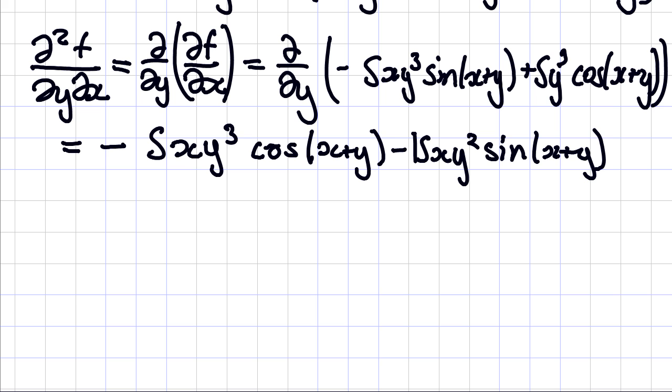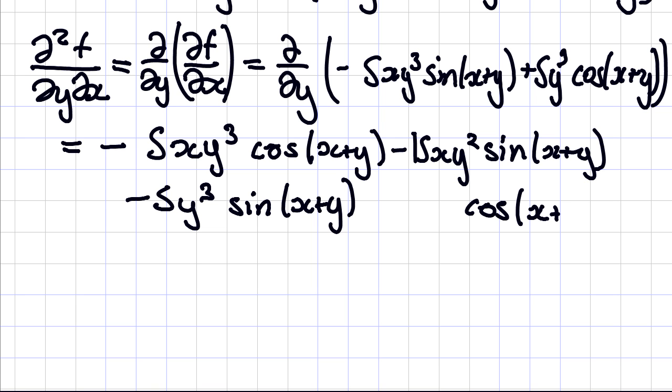Now I need to differentiate the second term with respect to y, and again I'm going to use a product rule. So first of all, u, that's 5y cubed, dv dx, cos differentiates to minus sine, so that's minus sine x plus y, and now v, cos x plus y, du dy, 5y cubed differentiates to 15y squared.